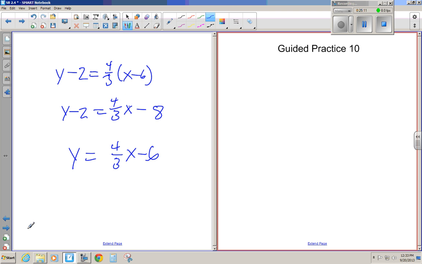All right. Guided practice number 10. In example 6, suppose company A charges 0.69 per song and B charges 0.89 per song. Write an equation that models this. It's going to be exactly the same equation, except instead of 0.79 and 0.99, you're just going to switch it out. So I think you can handle that.